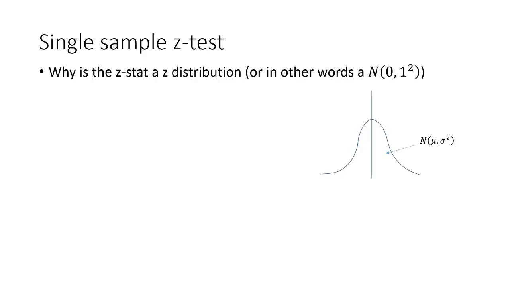But we've already discussed how that is also a distribution, called the sampling distribution, which is also normally distributed with the same mean mu, but with a standard deviation of sigma by square root of n, where n is the number of samples you took to compute that mean.